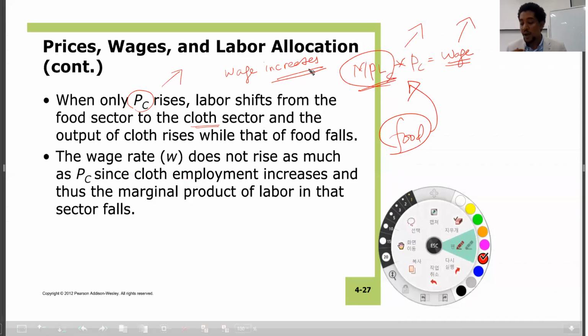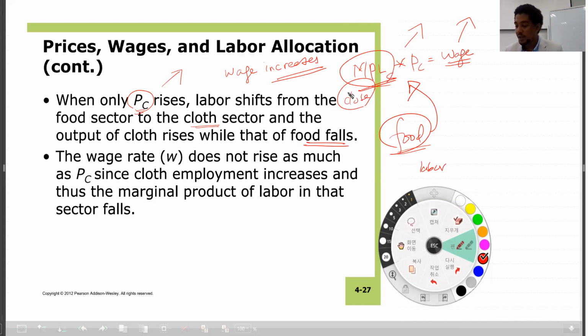So when only the price of clothes rises, labor shifts from the food sector to the clothes sector, and output of clothes rises while that of food falls. That is clear, I guess, right? There were units of labor here and units of labor here in clothes.